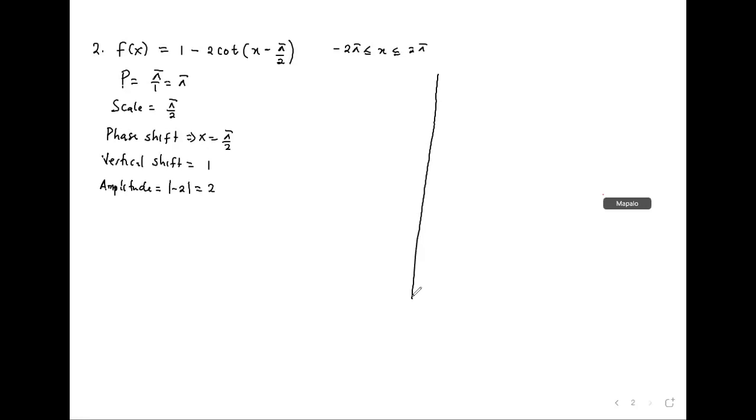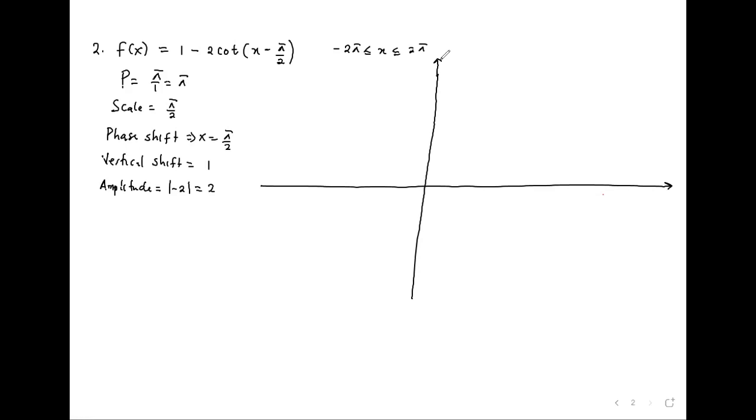Sir, are we always given the period, the scale, the first shift, and the rest, or maybe we have to find them? We have to find them. How do you find them?